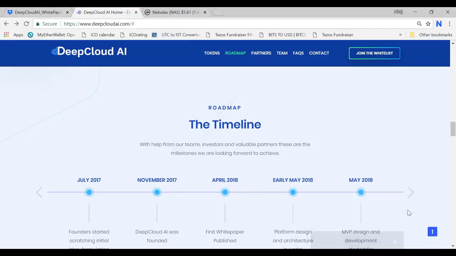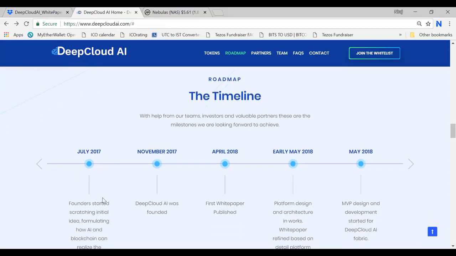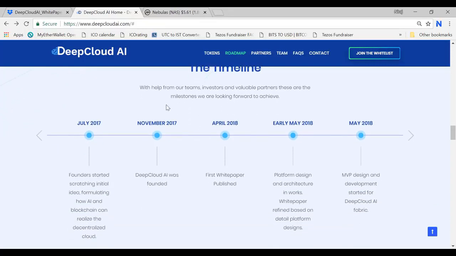So here's the roadmap. In April, they had their white paper published. This organization was founded back in July 2017, and DeepCloud AI in November 2017. In early May they had their platform design and architecture in the works, with the white paper refined based on detailed platform designs, and in May they started working on MVP design and development for DeepCloud AI Fabric.